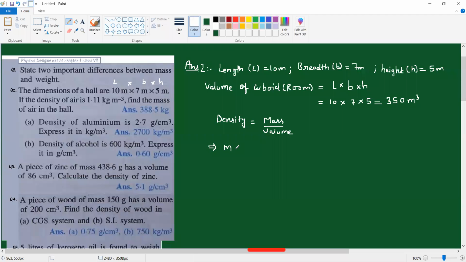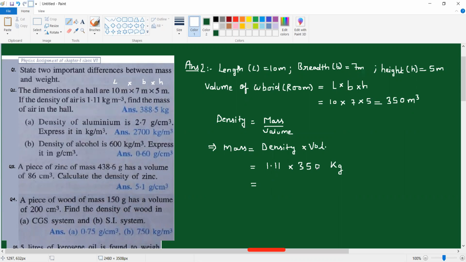So mass will be equal to density multiplied by volume. So we will write the value of density. It is given as 1.11 multiplied by 350 kg. Mass will be in kg.